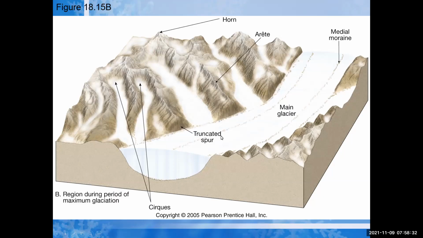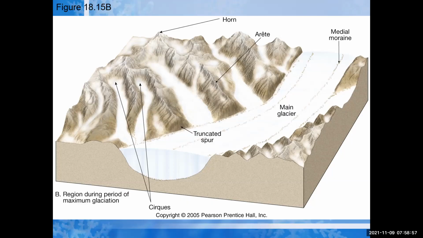And that main glacier is doing very similar things, as we're seeing with these adjacent glaciers, albeit maybe in a different direction, which can actually erode those ridges that were otherwise spilling towards the valley floor, creating these so-called truncated spurs.